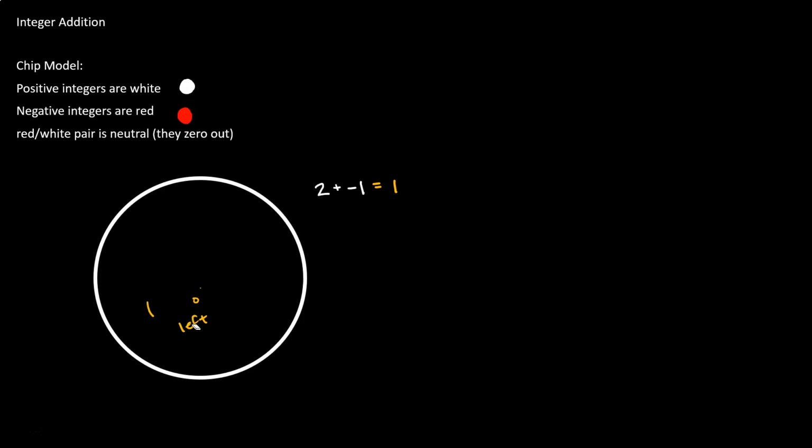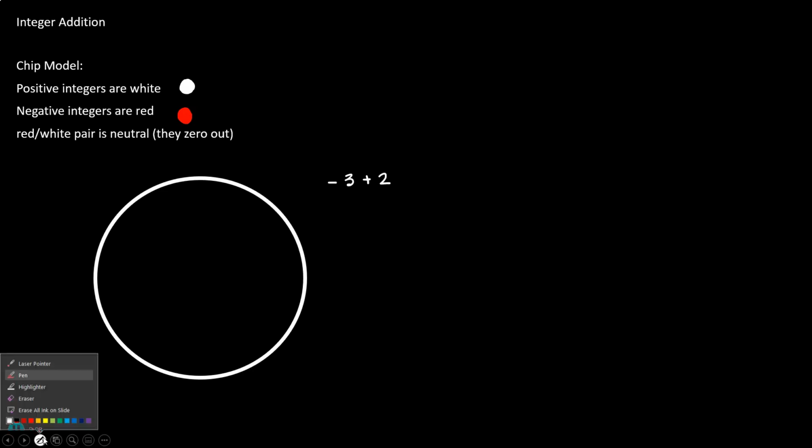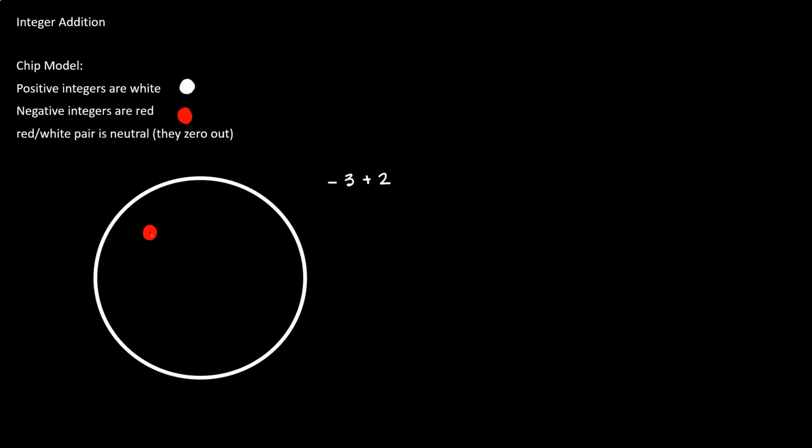We can do this with other negatives too. Let's try another one. Let's do negative 3 plus 2. So I'll start off by representing negative 3 using red circles. Then I'll represent positive 2 with white circles.